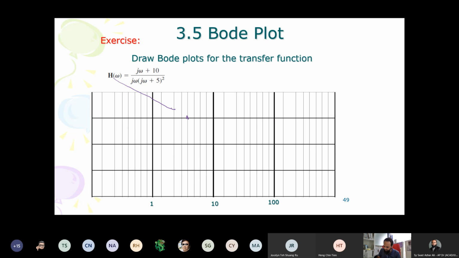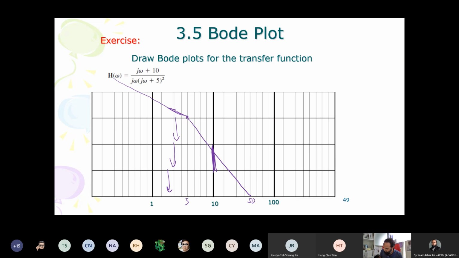Here is 5. From 5 until 50, we're supposed to go 60 dB per decade down, so this is 20, 40, and 60. It's supposed to go like this from 5 to 50. Are you following? But of course it will be blocked at 10 because at 10 we have a 0.